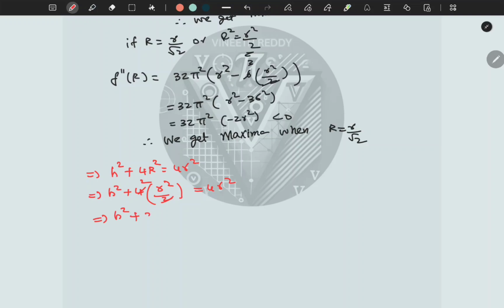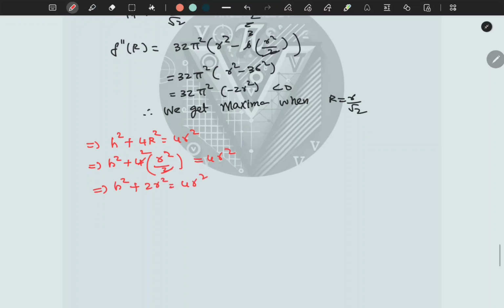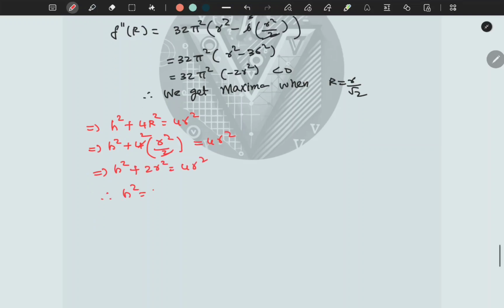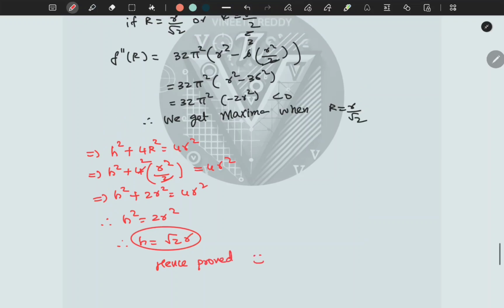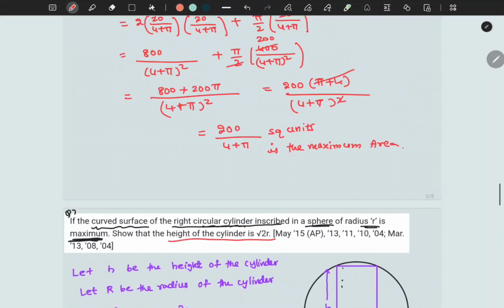So we have h square plus 2r square is equals to 4r square, and therefore h square is equals to 2r square, and therefore h is equals to root 2 times r. Hence, proved. So I would recommend all of you to kindly watch this video once again, because this may be a little confusing for you.